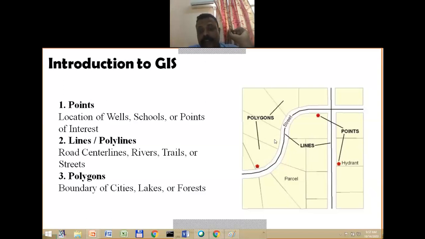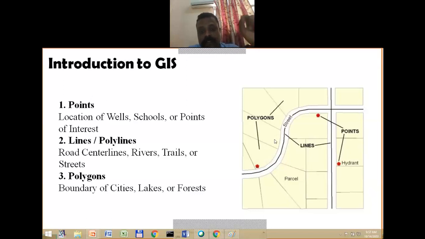So the vector model makes use of this point as one of its data models. In a point, you can store the location. If I have a point, I can say that the point occupies a space of latitude this much and longitude this much.